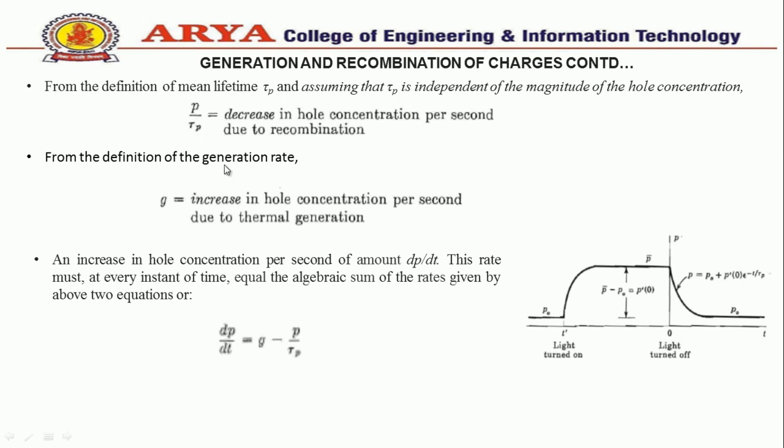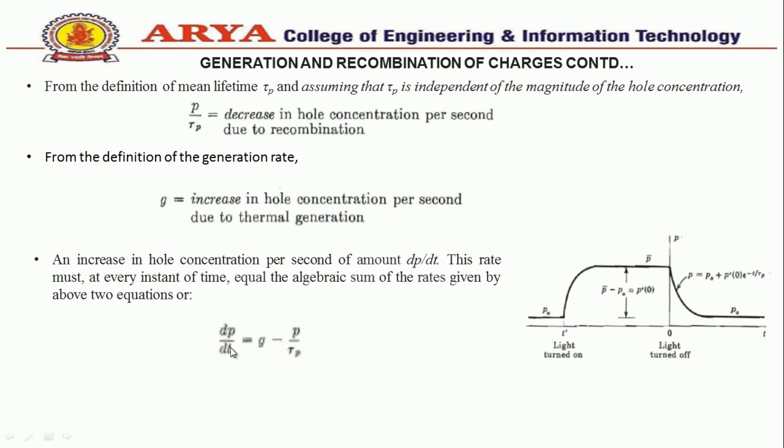Similarly, the generation rate G can be defined as the increase in hole concentration per second due to thermal generation. Since charge can be neither created nor destroyed, there must be a net change in hole concentration per second, that is dP upon dt. If we subtract the decrease in hole concentration per second from the increase in hole concentration per second, we get dP upon dt.